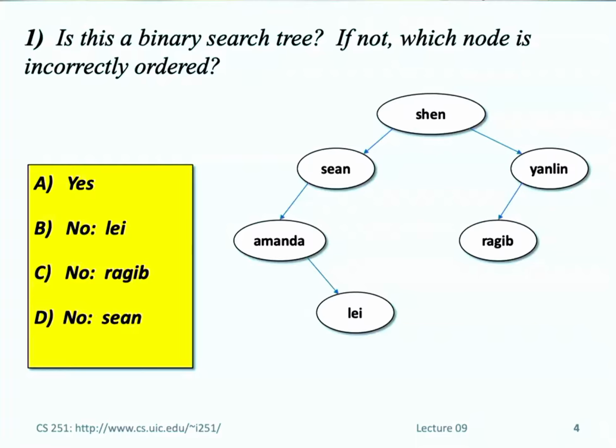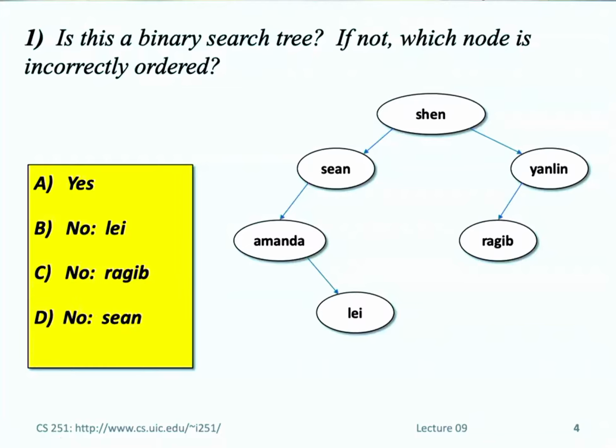All right, so if I were to convert this into a binary search tree, where would I move Ragib? Gabe, where would that go? Yeah, it would go on the right of E. Exactly. So it would come out here. The reason we can't put it here is because R is greater than A, so it can't be towards the left of Amanda.